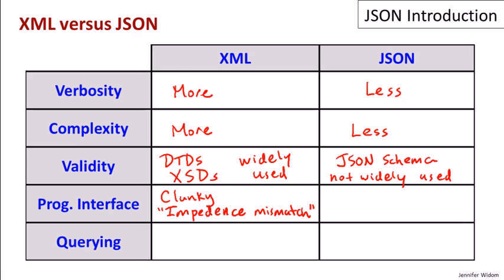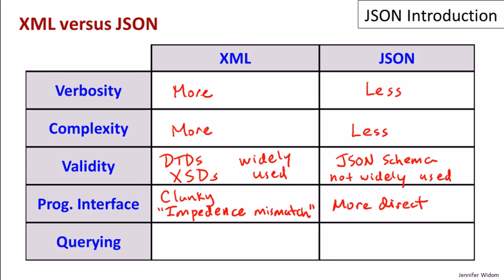The impedance mismatch has been discussed in database systems actually for decades, because one of the original criticisms of relational database systems is that the data structures used in the database, specifically tables, didn't match directly with the data structures in programming languages. So there has to be some manipulation at the interface between programming languages and the database system, and that's the mismatch. So that same impedance mismatch is pretty much present in XML, where in JSON it's really a more direct mapping between many programming languages and the structures of JSON.